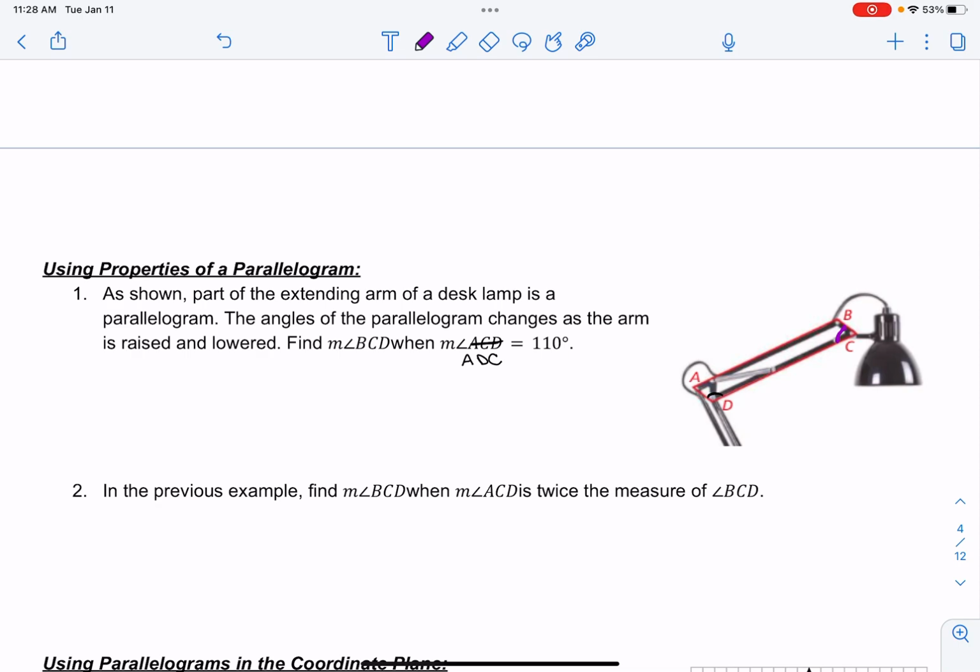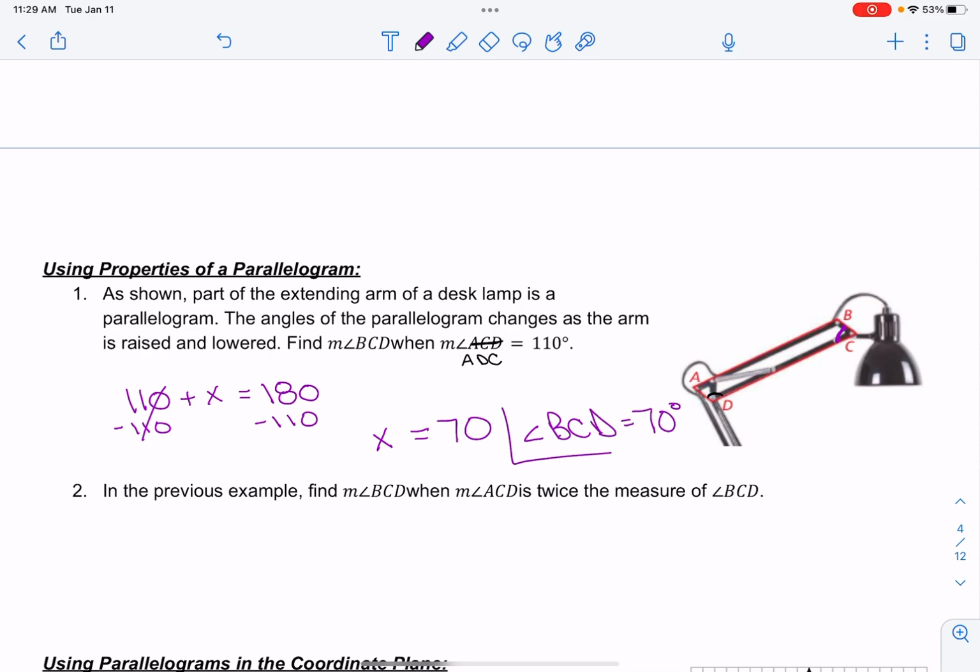So in order to find that missing angle, that means that our angle of ADC plus some unknown angle measure, that's what we're trying to find, has to equal 180. So then all we have to do is subtract 110 from 180, and we get that that missing angle measure is 70 degrees. So BCD is 70 degrees.